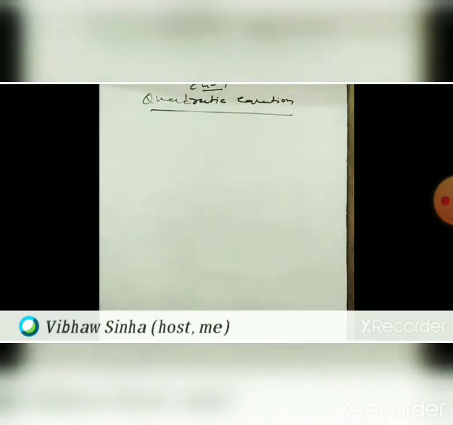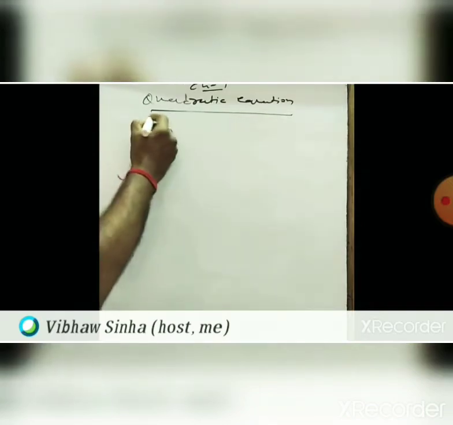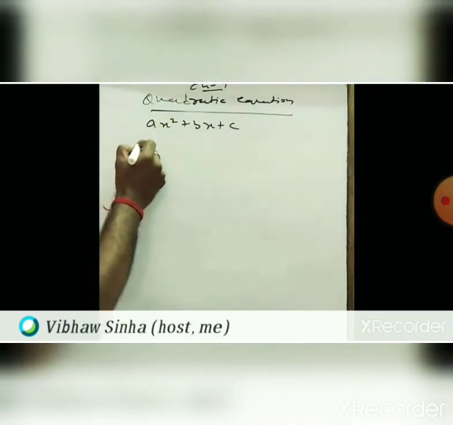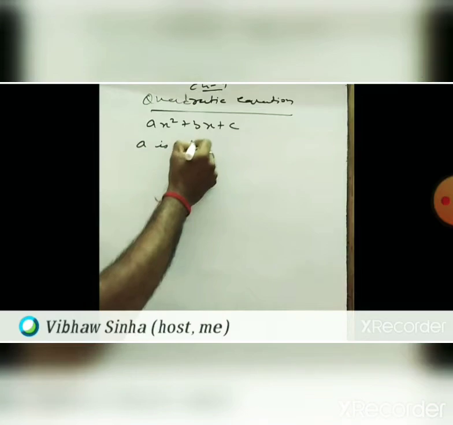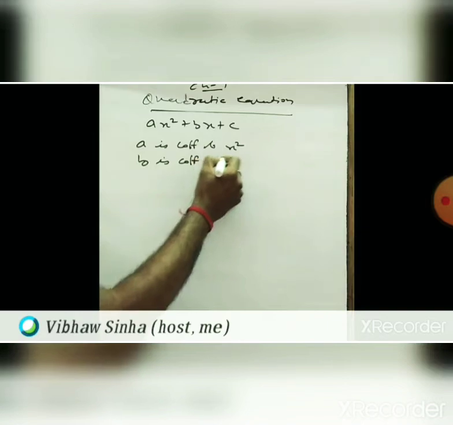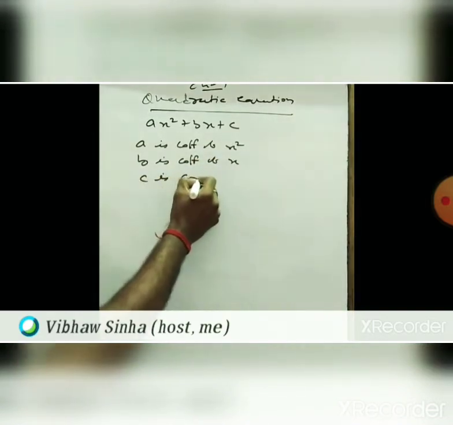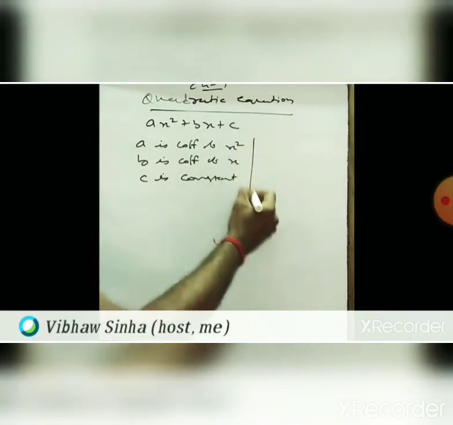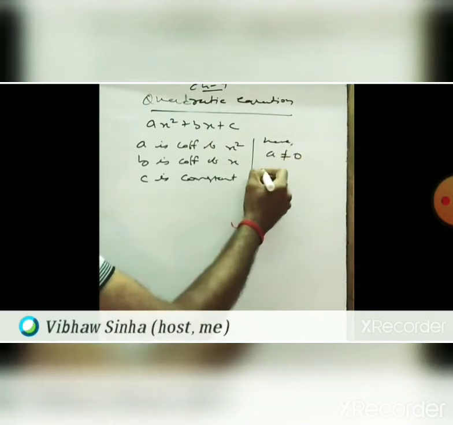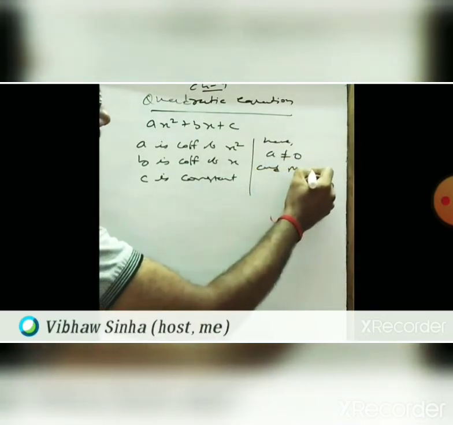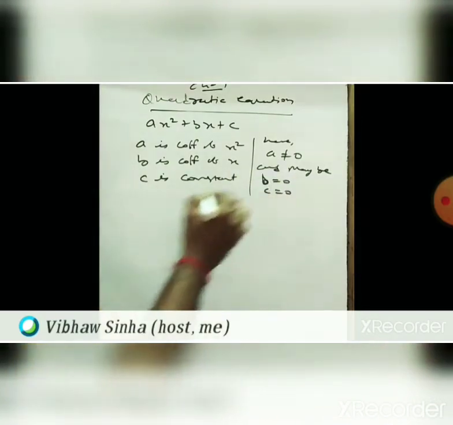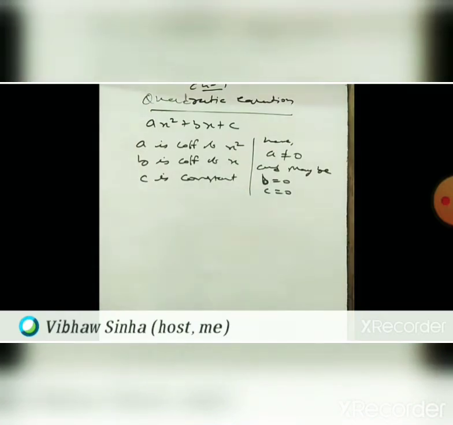Now a quadratic equation is in the form of ax square plus bx plus c, where a is the coefficient of x square, b is the coefficient of x, and c is the constant. Here a can never be equal to 0, but b or c may be equal to 0.